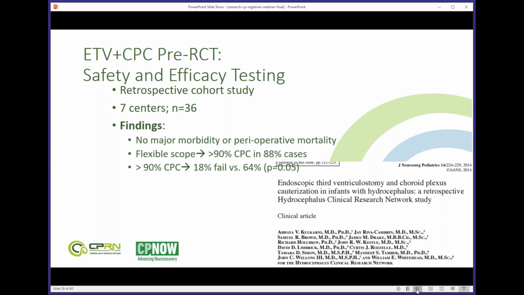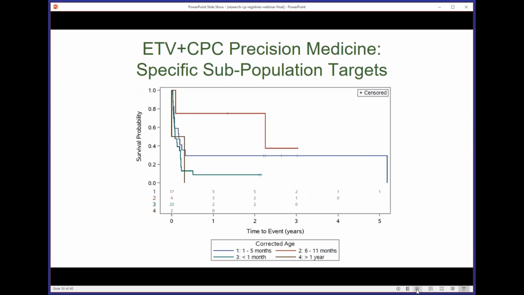and it's led to 3 other major studies, all of which have 200 or more patients in them. So another thing the registry allows us to do is, when we do this, this is a very sexy term and appropriately sexy in medicine, precision medicine. So it's not just is this new procedure better than shunts? Well, the answer is no, but for certain subgroups it is, and for certain subgroups it's shunt.